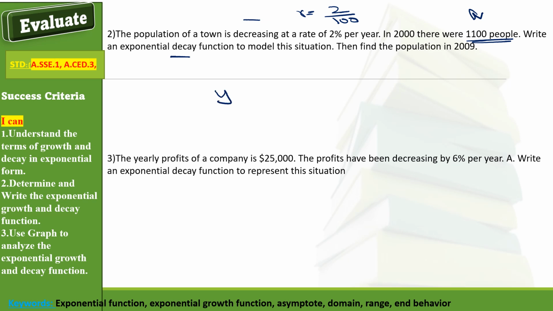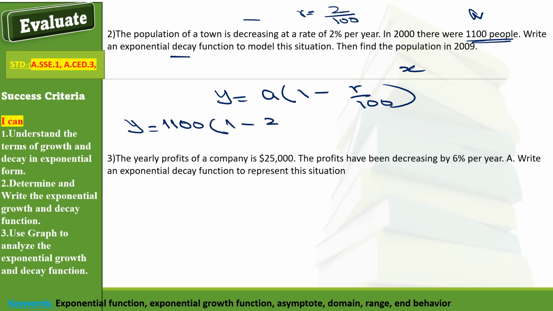It means you have to use the formula 1 minus r over 100 whole to the power of x. Now what is our a? Our a is the initial value of the people, that is 1100. 1 minus r is 2 over 100 whole to the power of x. If I calculate 1 minus 2 over 100, I will get 0.98 whole to the power of x.